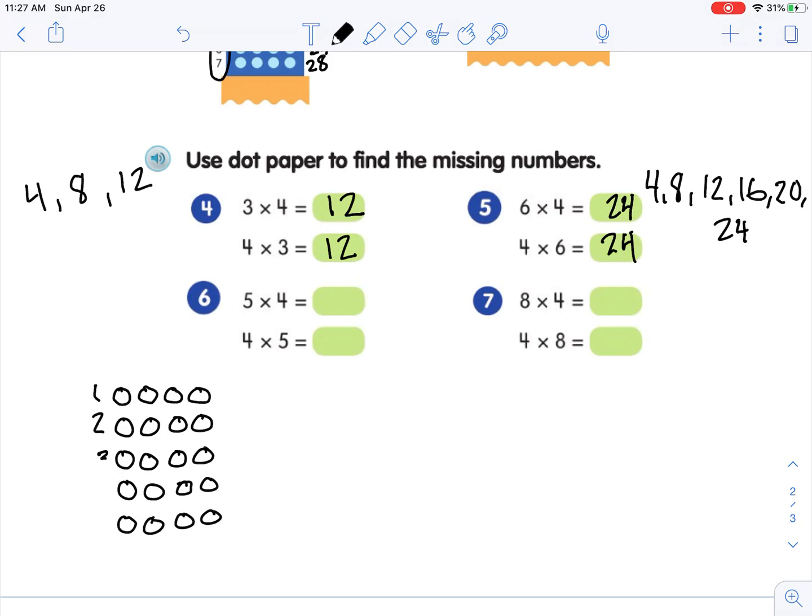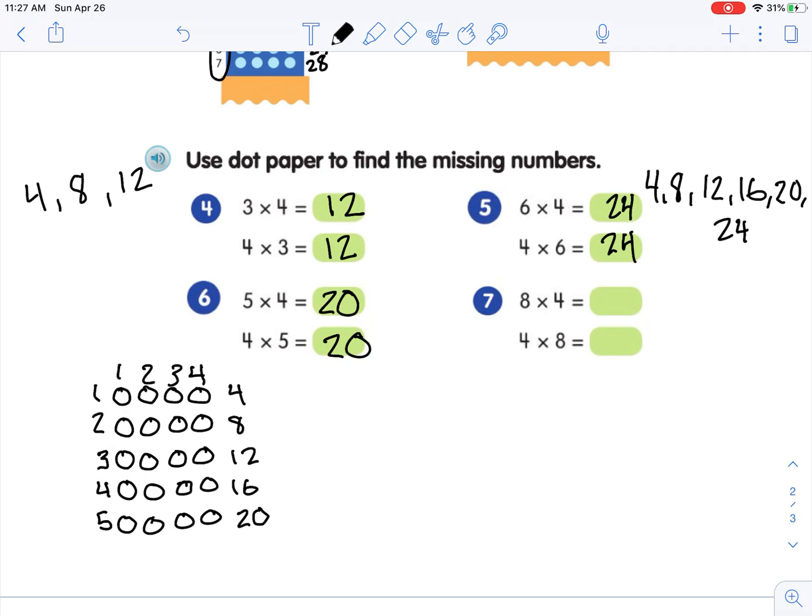Now I have my 5 groups, and I have my 4 in each group. And I know 4, 8, 12, 16, 20. 5 times 4 is 20, or 4 times 5 is 20.